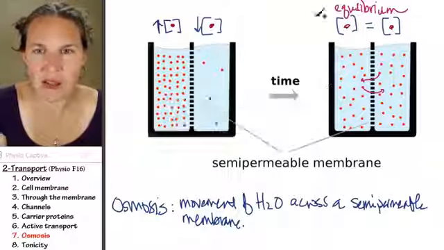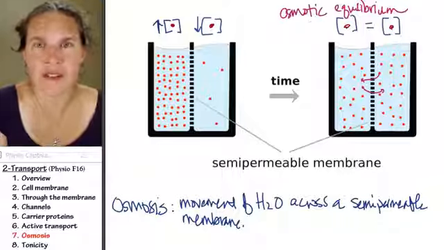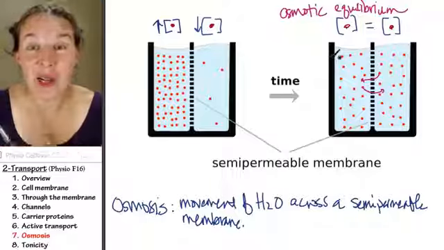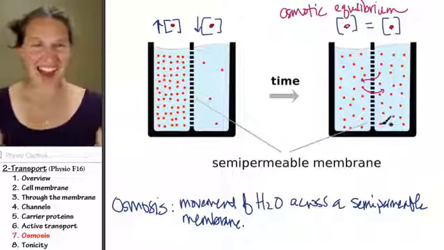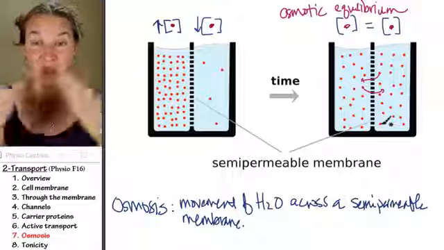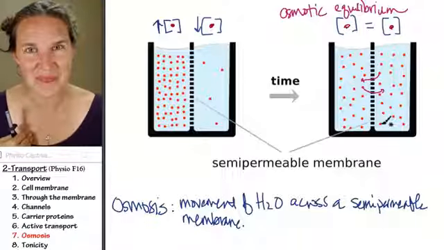We have priorities. It's osmotic equilibrium because do you agree that the osmolarity on both sides is the same? Yeah. So osmotic equilibrium means that our concentrations on both sides are the same.